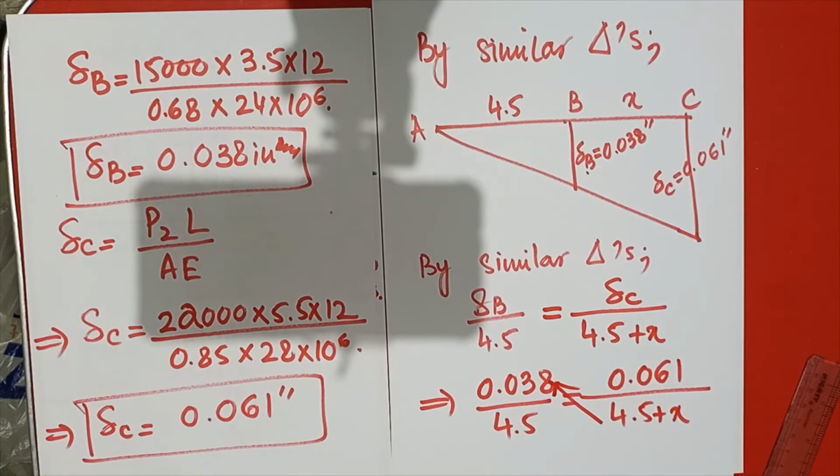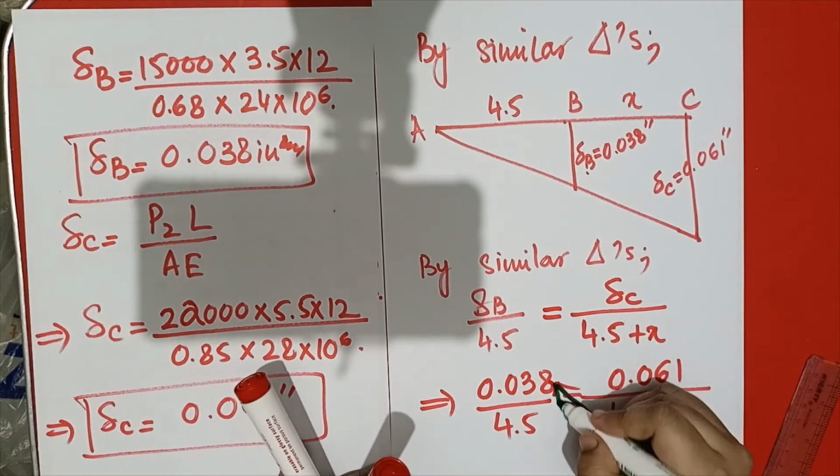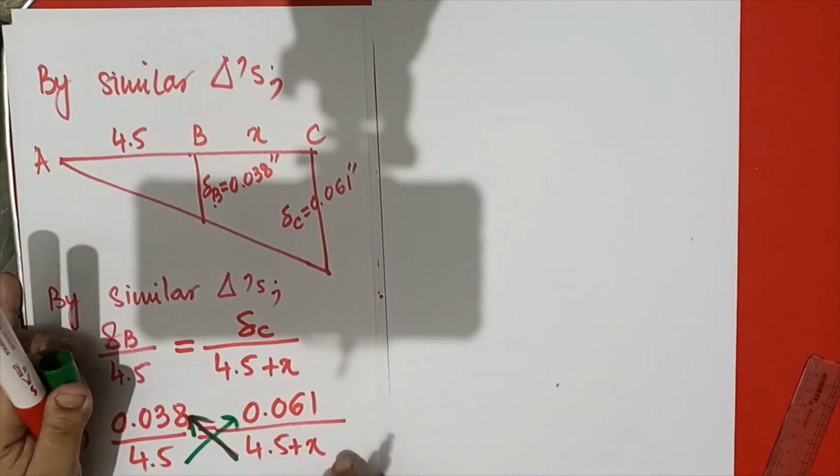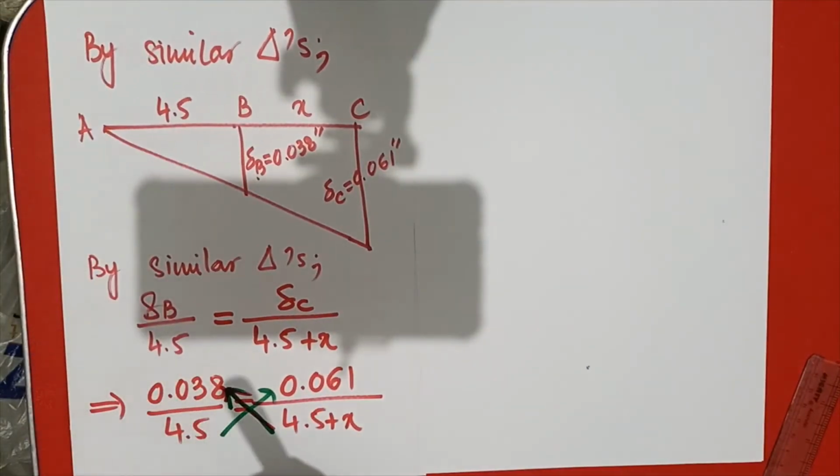Let me use the green marker. When you do cross multiplication, please don't cross it out; I'm just trying to tell you that you have to do cross multiplication.